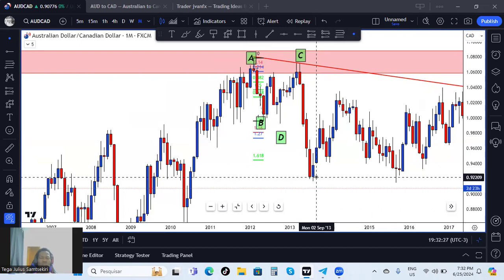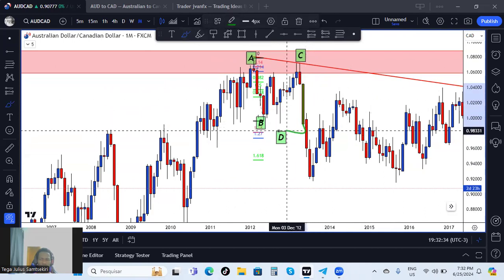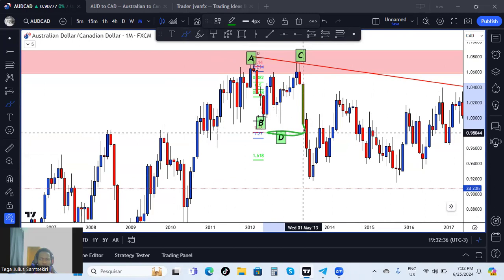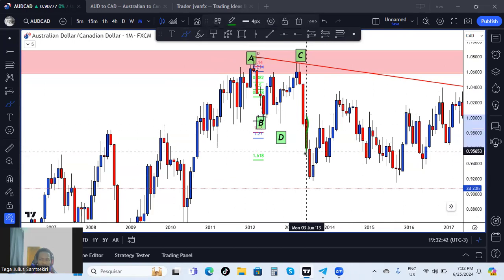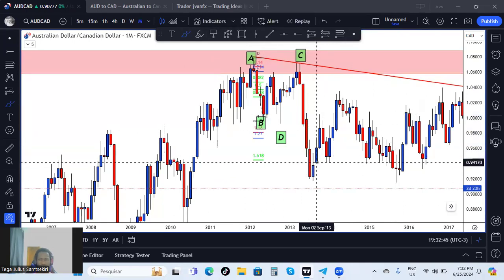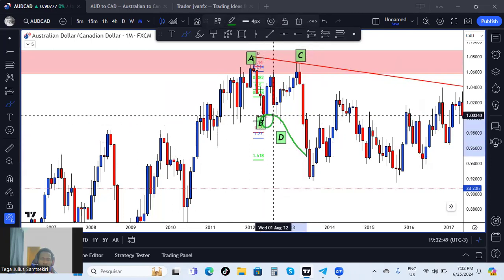Yes, we need to find a low. So at the time the market came towards this level, okay, the market hit the red area. The market did not stop from here. It did not create a low at this area. Okay, the market fell down to this level. It made a low. Okay, so this low, all right, was lower than this low right here.